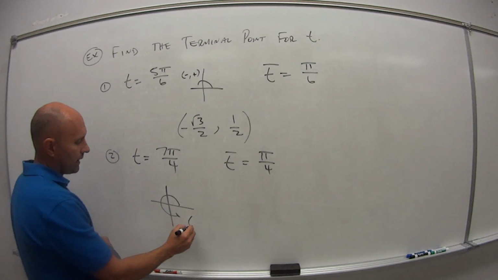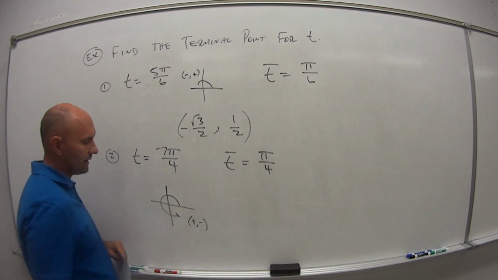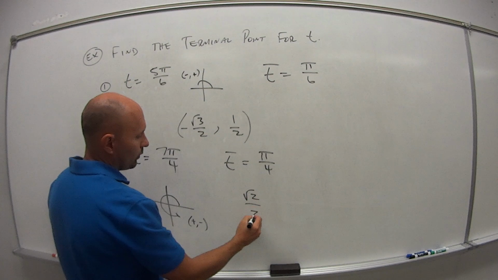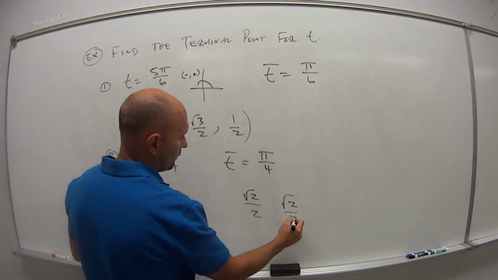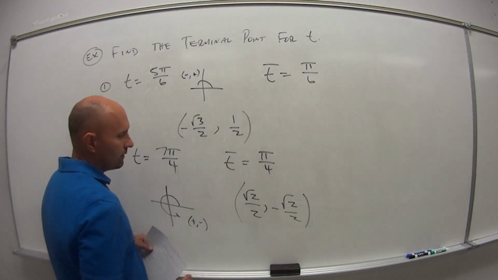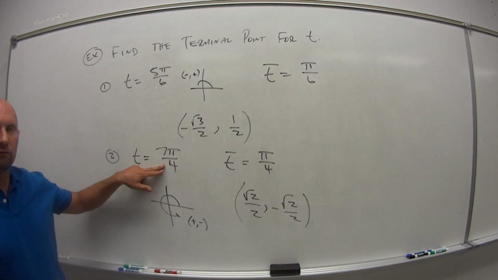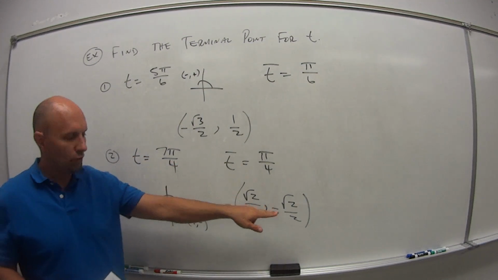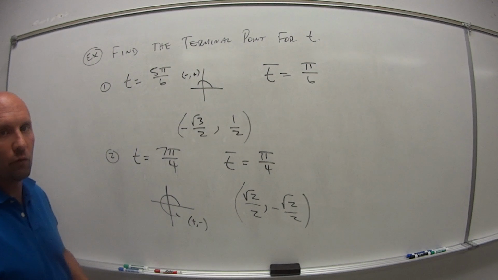So that means our x is positive and our y is negative. For pi over 4, it's always going to be square root of 2 over 2, square root of 2 over 2. And x is positive, y is negative. So the terminal point for 7 pi over 4 is square root of 2 over 2 and minus square root of 2 over 2.